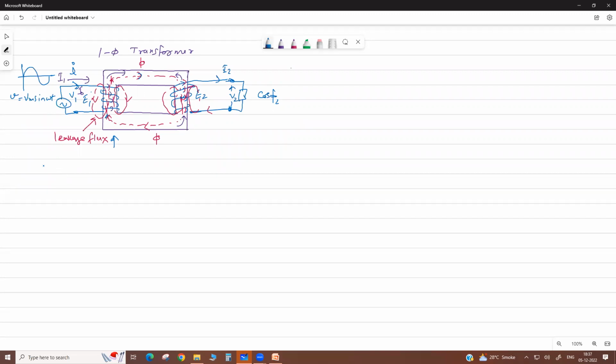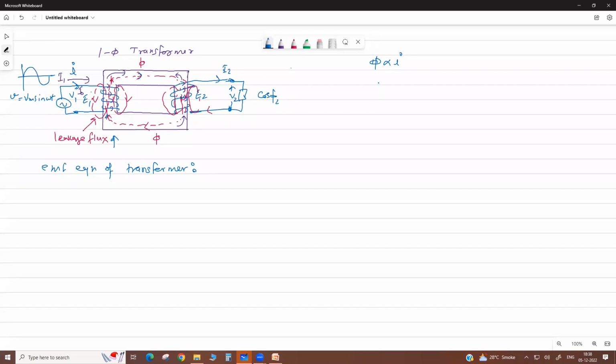EMF equation of transformer. See, as we connect the primary to the source, the flux is directly proportional to current.